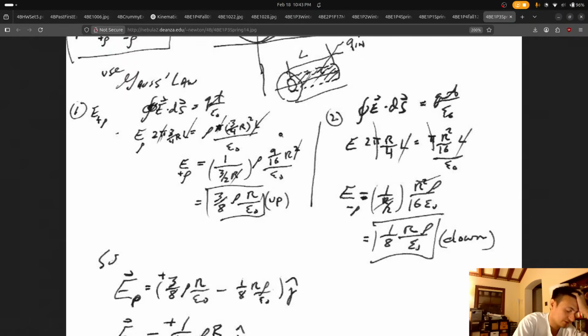Okay, so now what we can do is we can say that E plus is equal to rho over 2 epsilon naught times R, 3R over 4.